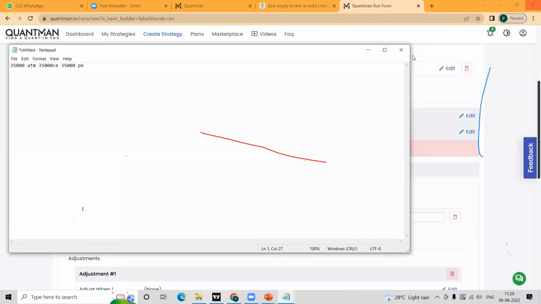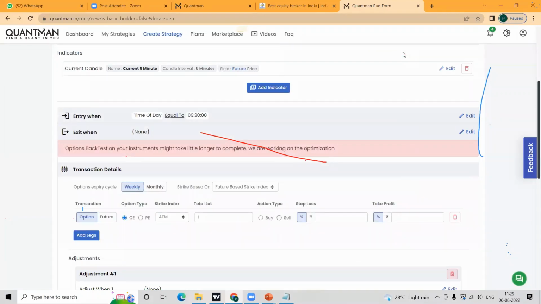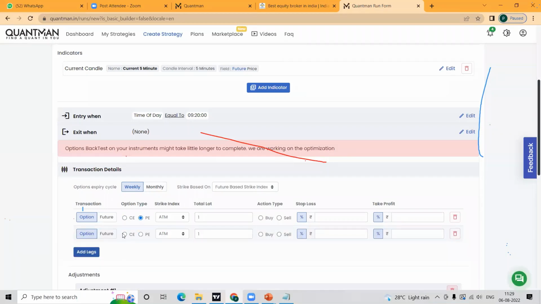If we think the market is going up, what should we do as an option seller? We have to sell the put options first, right? But we did not predict it. So I'm going to sell the call option also. If you think the market is going down, you are going to sell the call option.